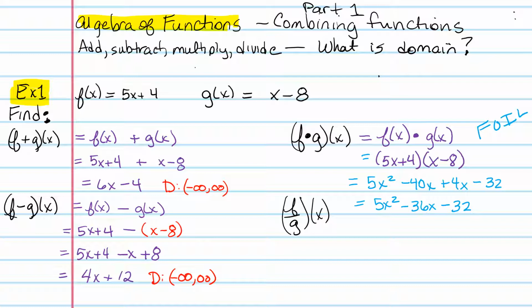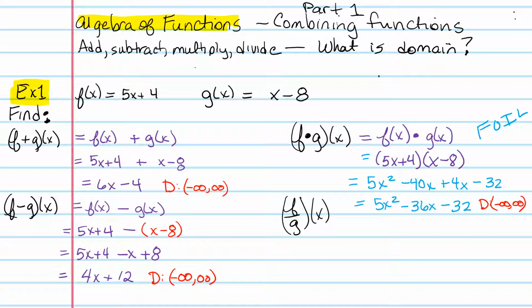Now, this one, again, does not have any domain restrictions. It's no longer linear. I took these two linears and now have a quadratic. But my domain doesn't change. I'm still same. Any numbers will work.